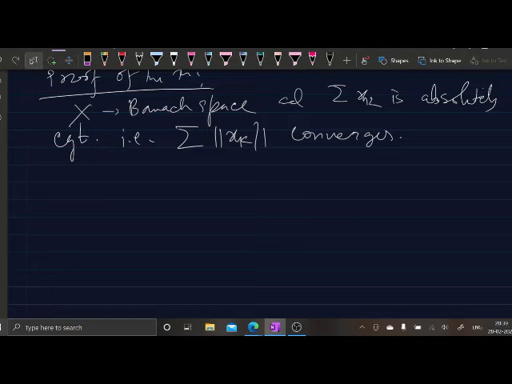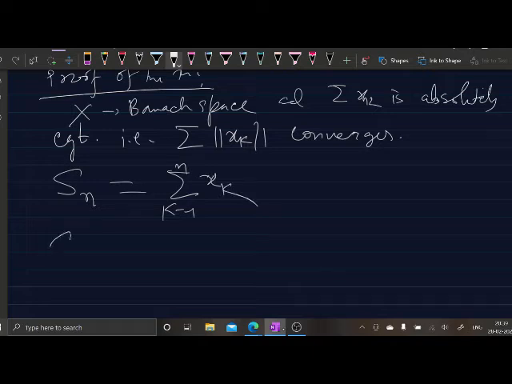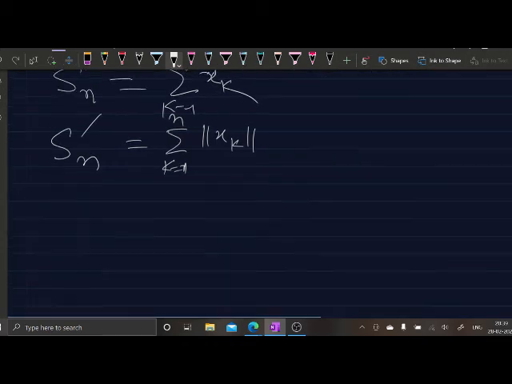Norm xk converges. Now you take the nth partial sum of the series summation xk, that is summation k equal to 1 to n, and you take the nth partial sum of this series, that is summation k equal to 1 to n norm of xk. Okay.